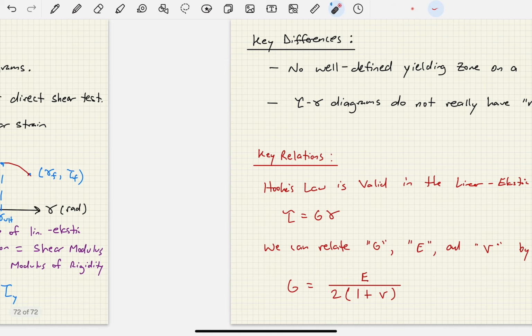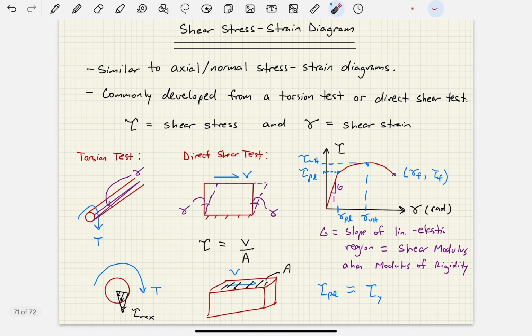Now, if we go back and we look at this diagram, this zone right here is similar to the necking zone that we saw with an axial stress strain diagram, okay? But we don't really think of it as necking when we are thinking of shear stress strain, okay?